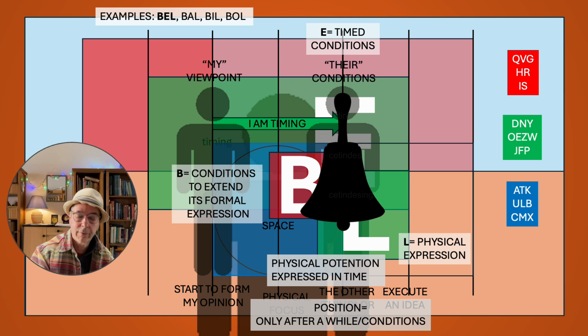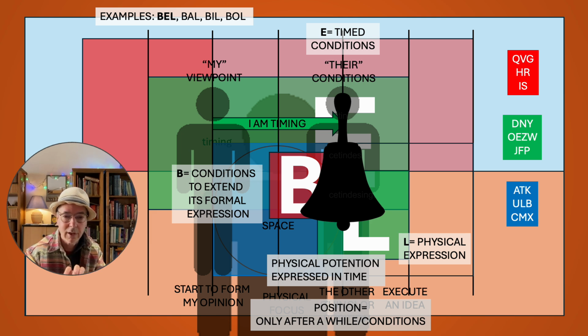So, of course, this BEL is not just a physical object, it's more than a physical object. It's also about the timing that you use for it. There's a physical potential that it has, that is expressed only because of the time, because of its position.